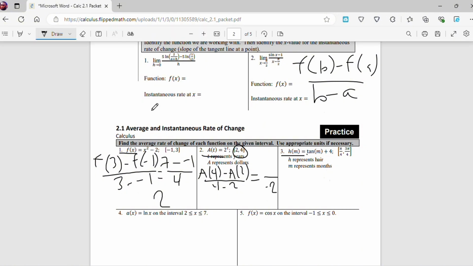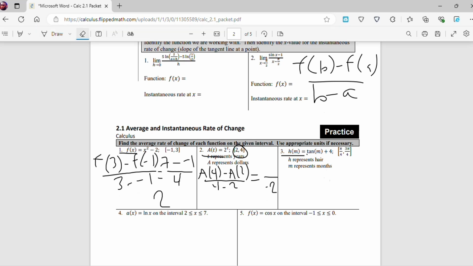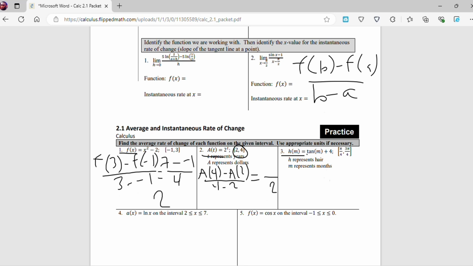Just ignore that little dot there. A of 4, how do we get a of 4? We plug in 4 into our function. 2 to the 4th is 2, 4, 8, 16. 16. 2 squared is 4. 16 minus 4 is 12, divided by 2 gives us 6.